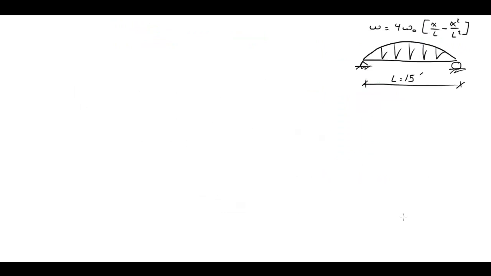Now we'll try to find the shear force and bending moment diagrams, or try to draw them. And this is a little bit complicated if we try to do it the old-fashioned way. So let's remember, in one of the tutorials we discussed that EI, the fourth derivative with respect to x, can be represented by this equation.